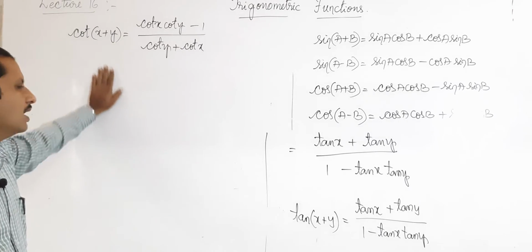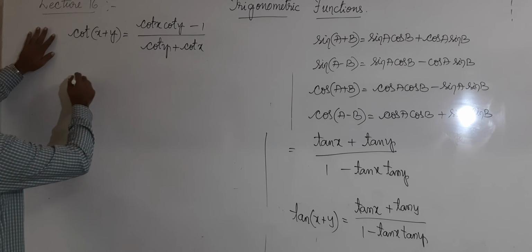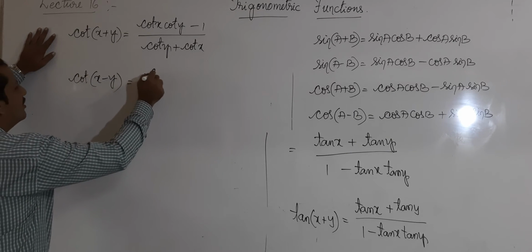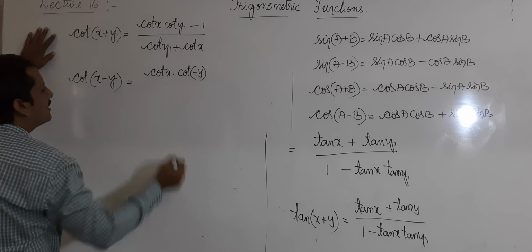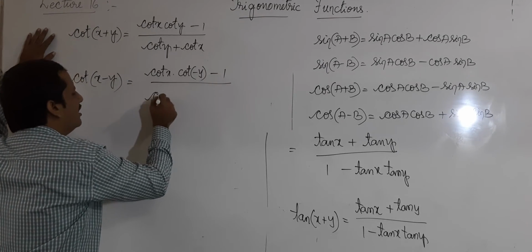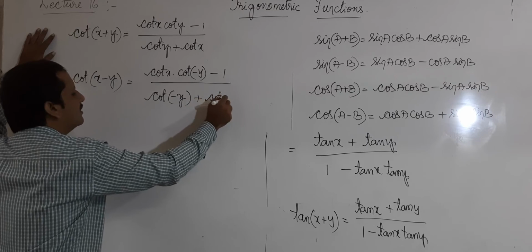When I replace y with minus y, we are going to get cot(x minus y) is equal to cot x into cot(minus y) minus 1, divided by cot(minus y) plus cot x. Wherever there is y, I am writing minus y.